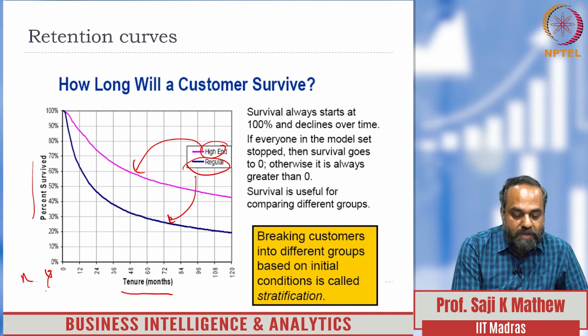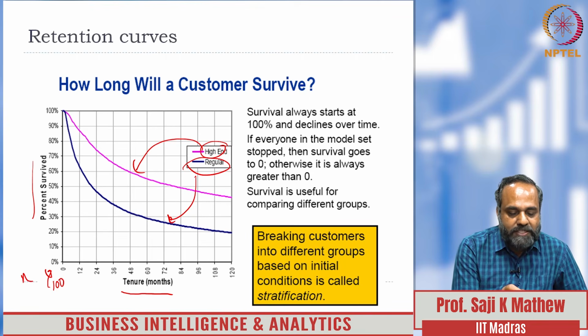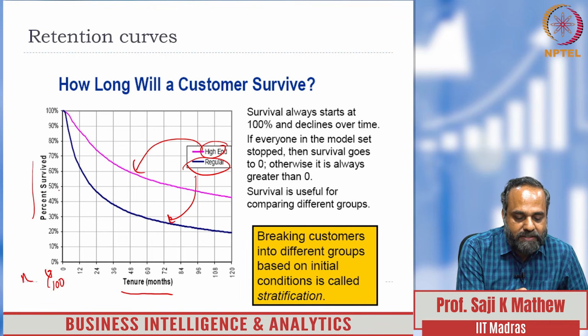Suppose 100 customers started in January 2013, 100 customers. What is that number, and when does that number become 50%? Let's look at the 50%.